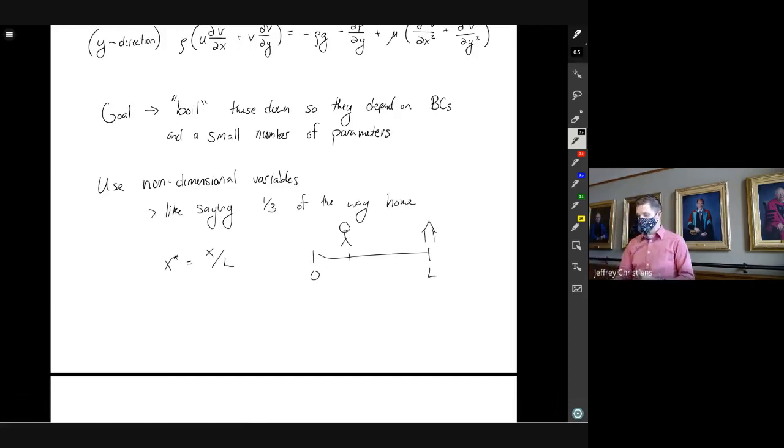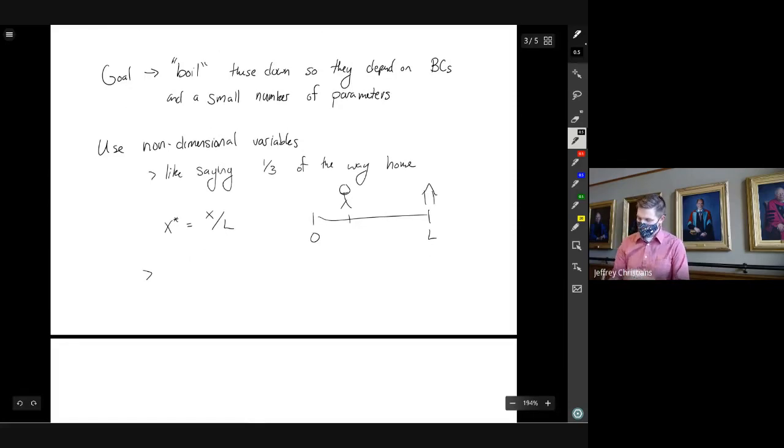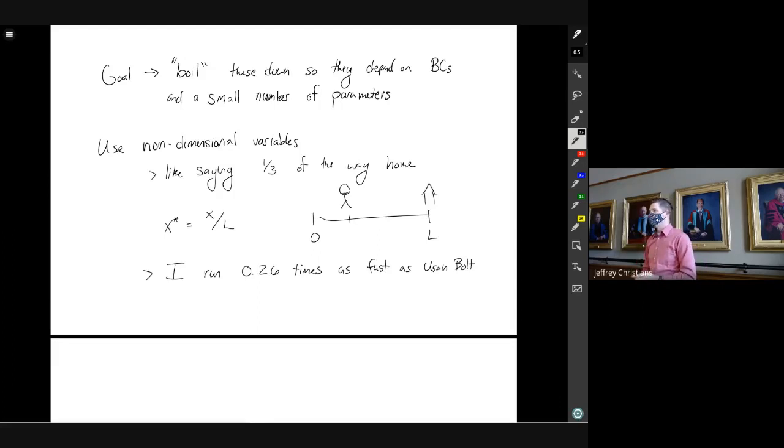We're going to use the same basic strategy for velocities. You could say something like, I run 0.26 times as fast as Usain Bolt. You can compare your speed to Usain Bolt's and say, I'm this percent of the way to his speed.